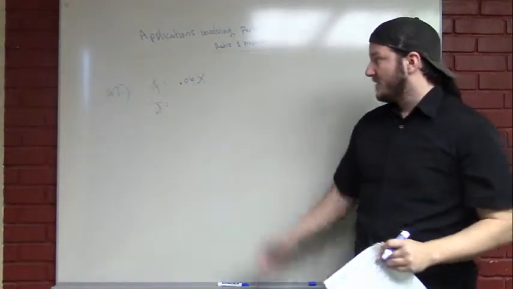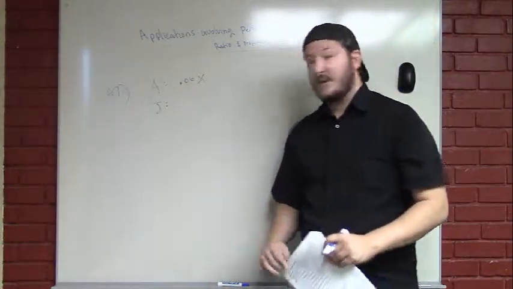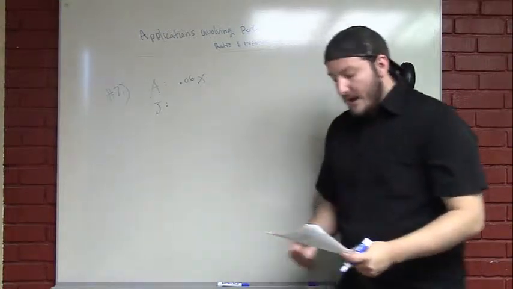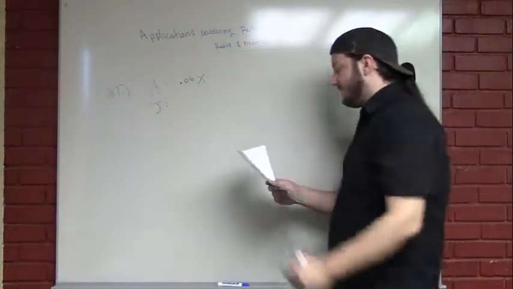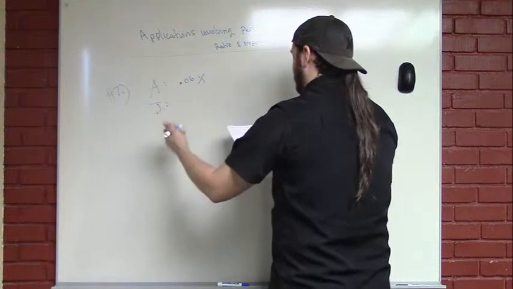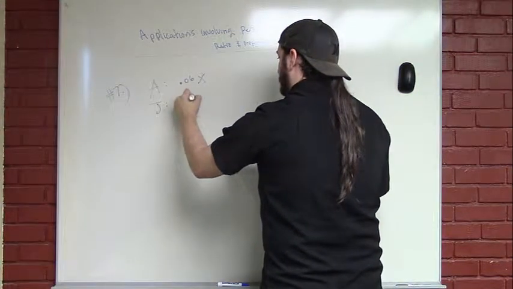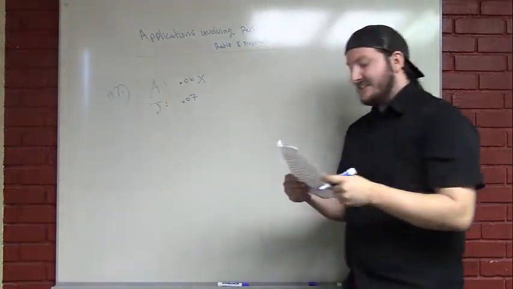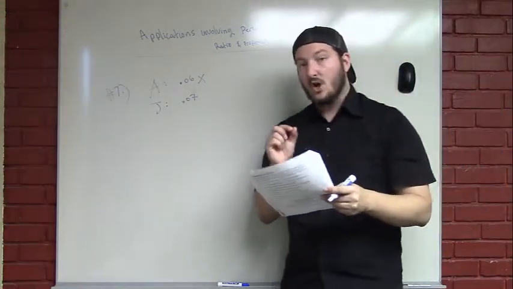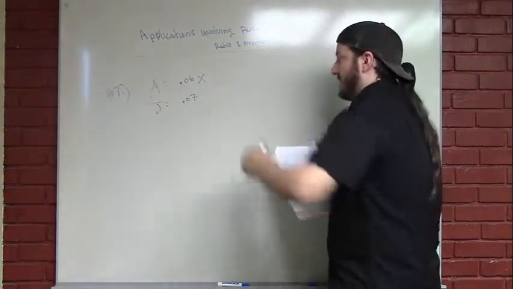It could be any number really. And then it says John gets 7% interest, which is 0.07, but he invested $6,000 more than Amanda.